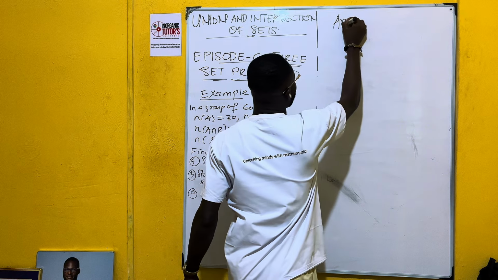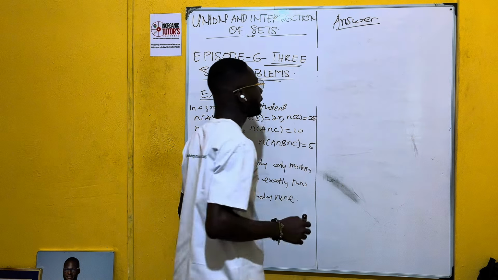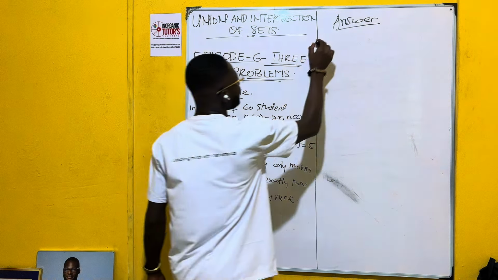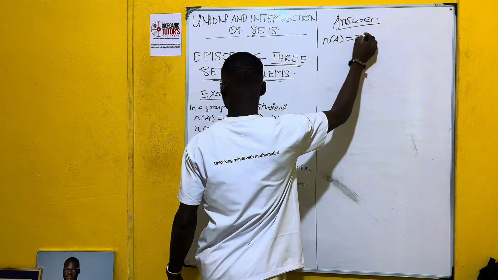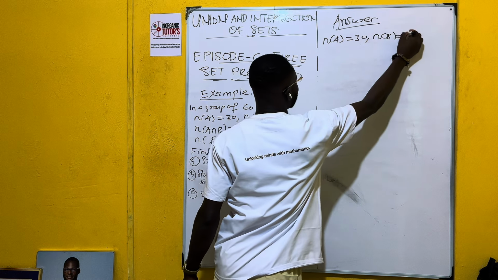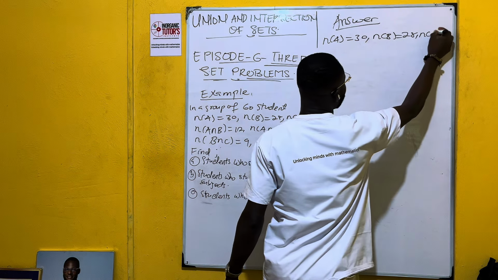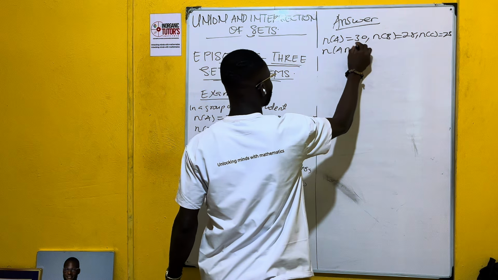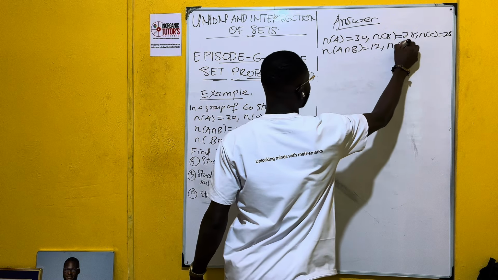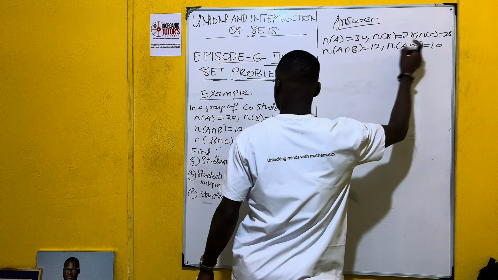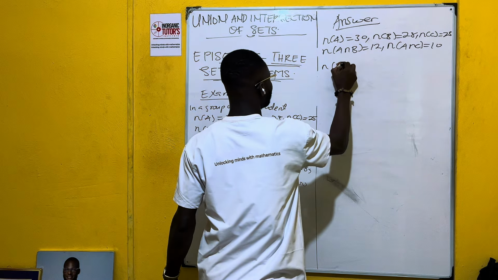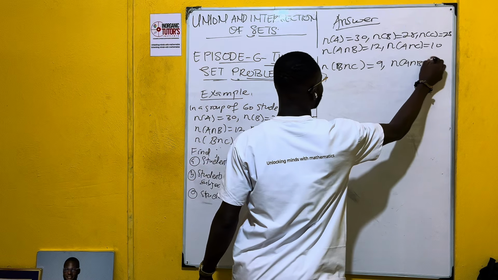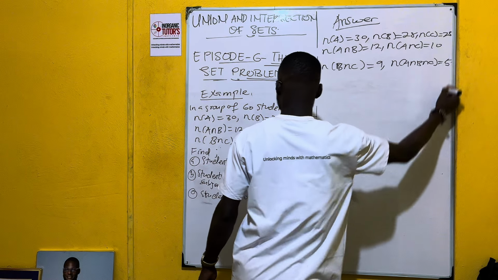Okay, so answer: we have been given the parameters as n(A) = 30, n(B) = 28, n(C) = 25, and then n(A∩B) = 12, n(A∩C) = 10, n(B∩C) = 9, and n(A∩B∩C) = 5.